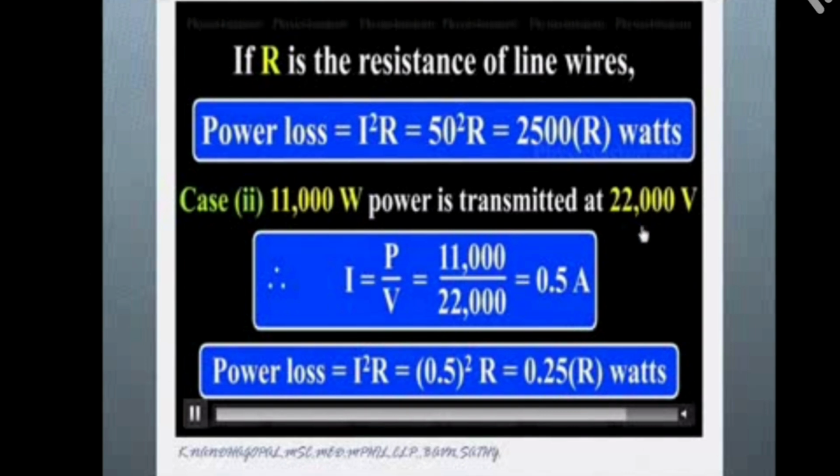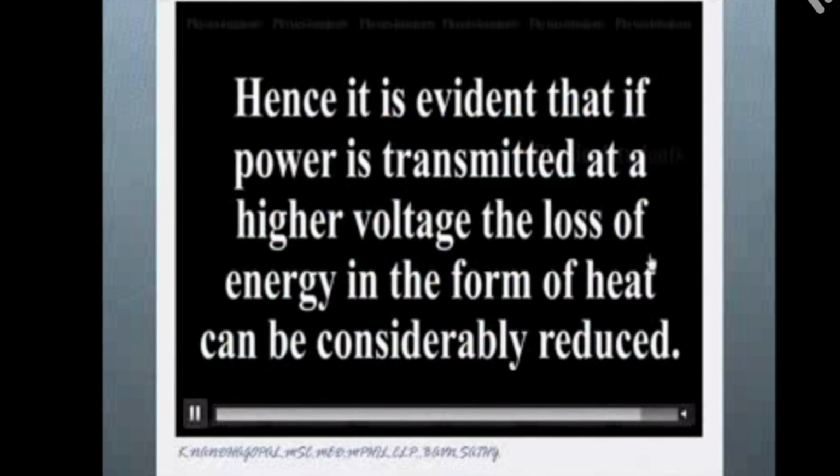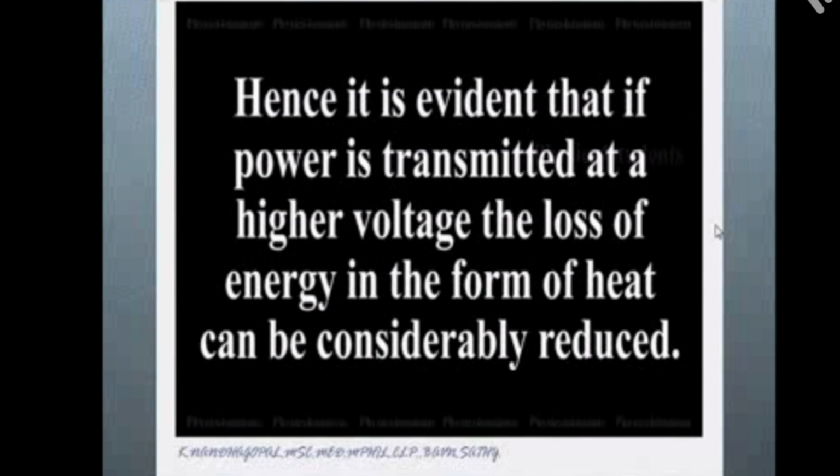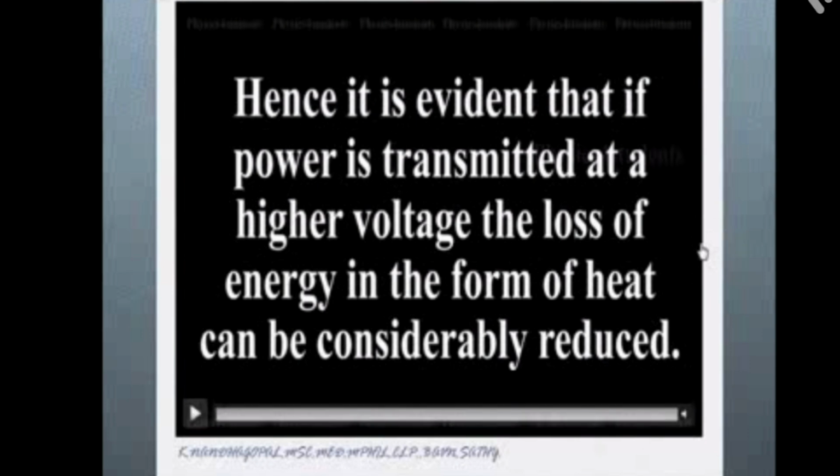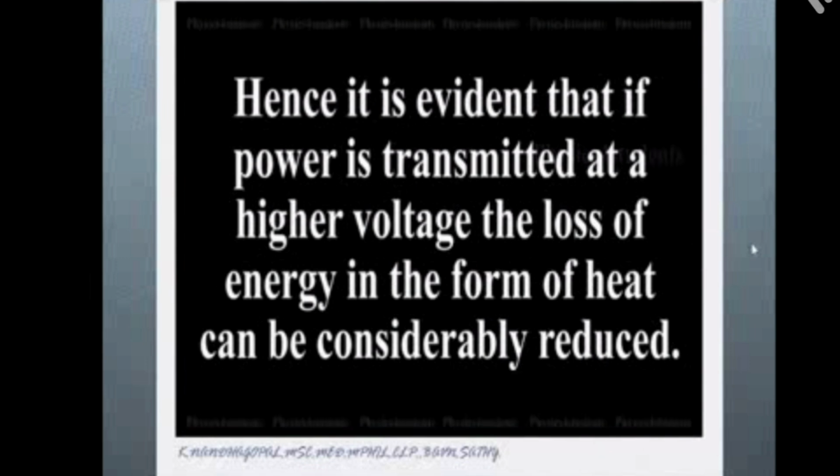That's why, by using the step up transformer, we increase the voltage and decrease the current. Hence it is evident that if power is transmitted at a high voltage, the loss of energy in the form of heat can be considerably reduced, and we lose only a very small amount of energy. So this is the transmission of power from the power plant to domestic and house purposes.